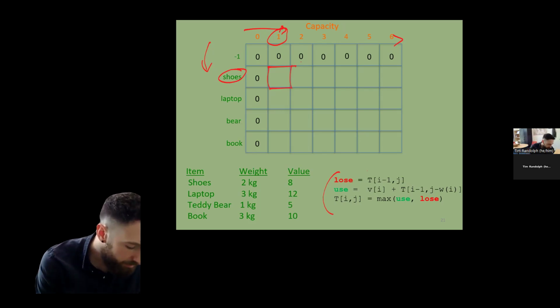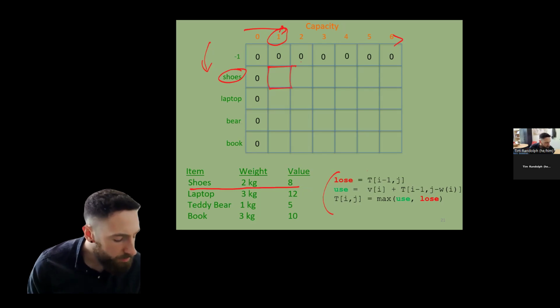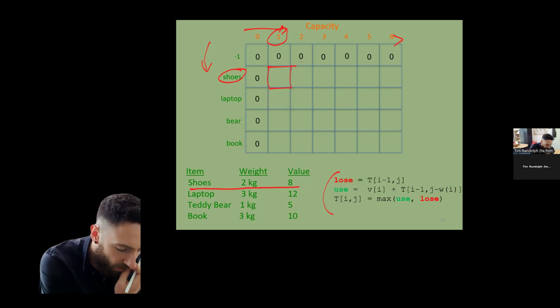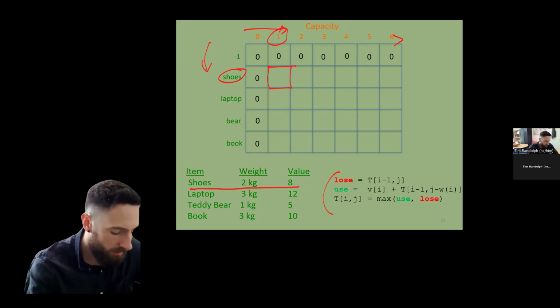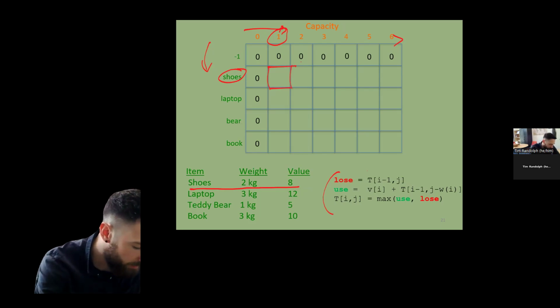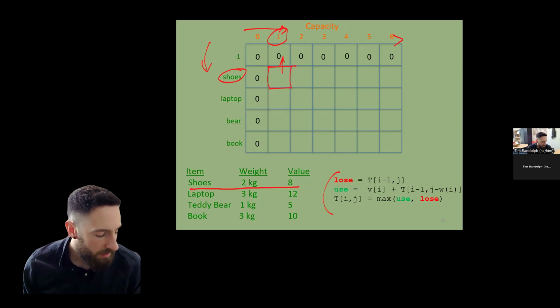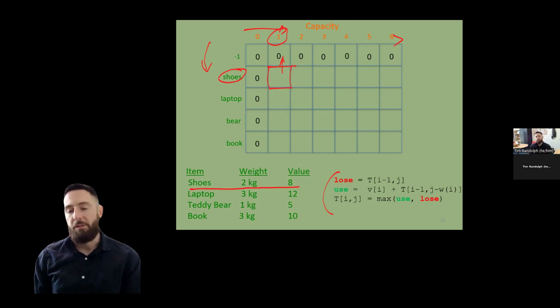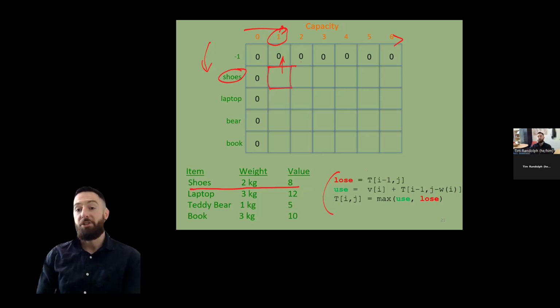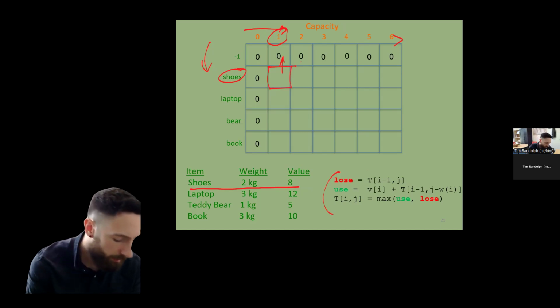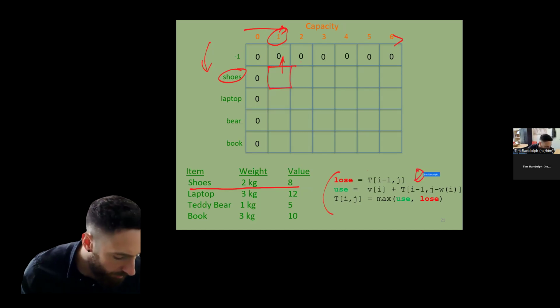So I can look at the shoes here and see, okay, the shoes have weight 2 kilograms. So in the lose case, well, I want T of i minus 1, j. So in the lose case, I'll say, all right, what if I don't use the shoes? In that case, I inherit the value from the cell right above, the best I could do without the shoes. So my lose case would be a 0 for the shoes.